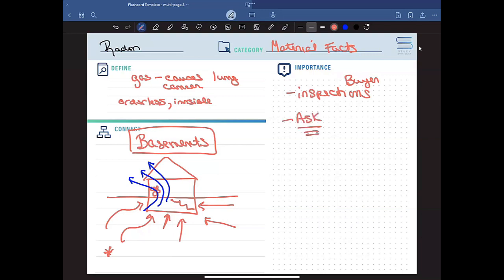You ask the buyer, hey, do you want a radon test? And then they're going to come back and say yes or no. Now, if we're talking about terms you need to know, you want to remember 4.0.